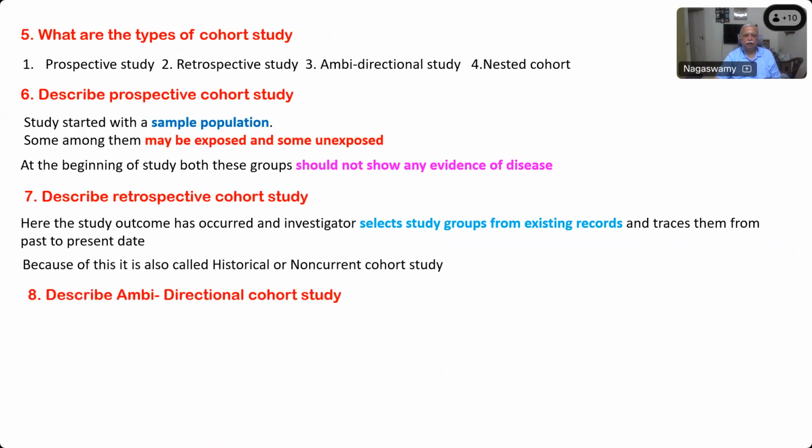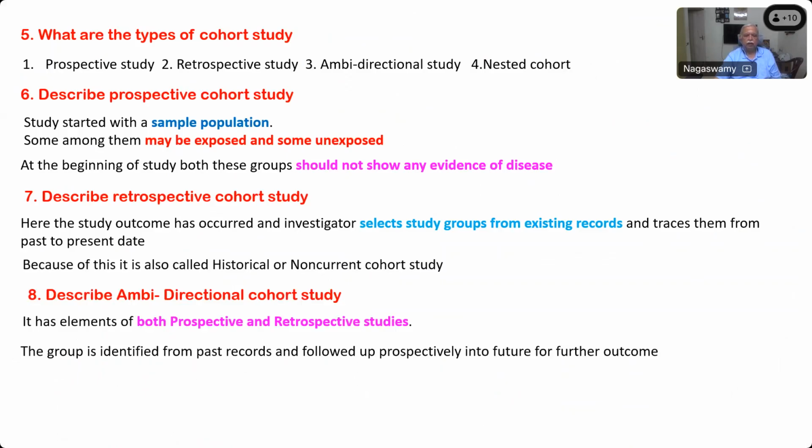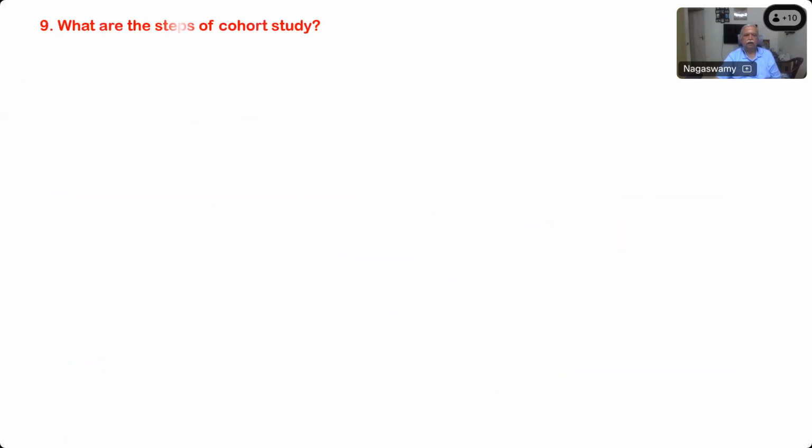Whereas an ambidirectional cohort study involves elements of both prospective and retrospective studies. The group is identified from past records and followed up prospectively into the future for further outcome. That is how the ambidirectional study is done.